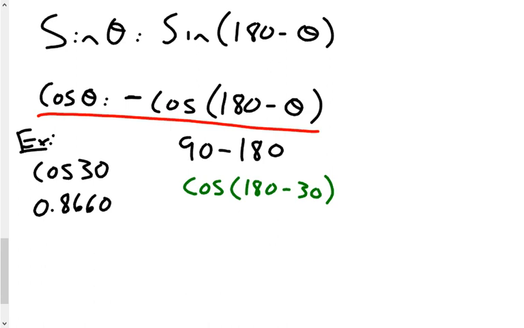So cosine 180 minus 30 would be cosine 150. Again, negative. Oh, the system works. It's going to be negative. Oh, not. Whoa. Get cocky. 0.8660.